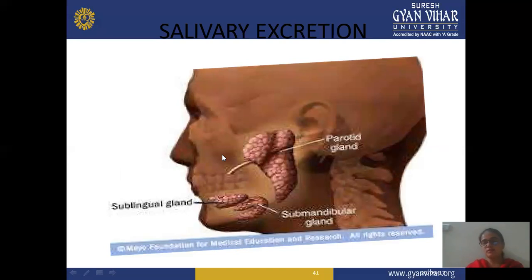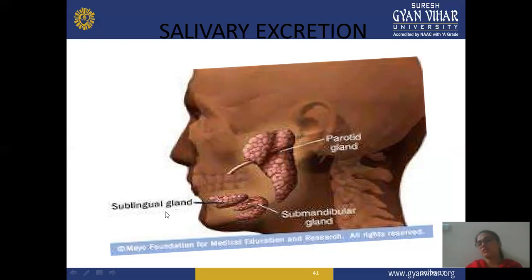This is the diagram of salivary excretion, showing the sublingual gland, the submandibular gland, and the parotid gland. Due to salivary secretion, some drugs are excreted by saliva. Examples are mainly caffeine and phenytoin, which are excreted through saliva.